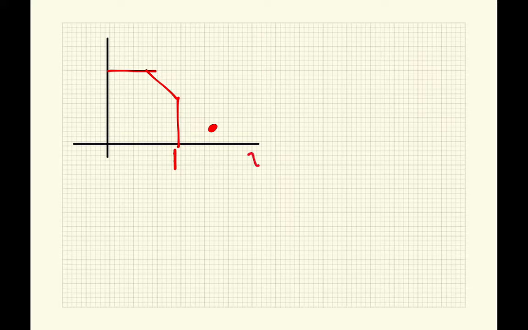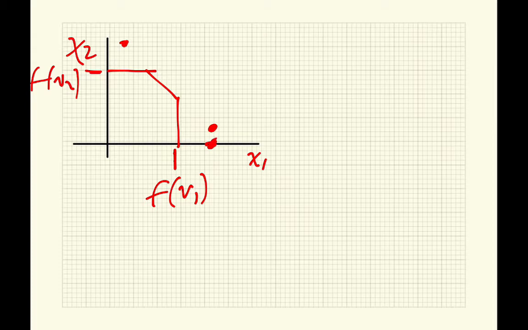Let's say that this is x1 and this is x2. Here we're going to get the value f of v1. Here we're going to get the value f of v2, if we choose this point. And if we choose both points, and we can choose it so that it's right on the origin of one of the axes, then it's basically this valuation here, which is f of v1, or equivalently we can choose this point here, which is f of v2.